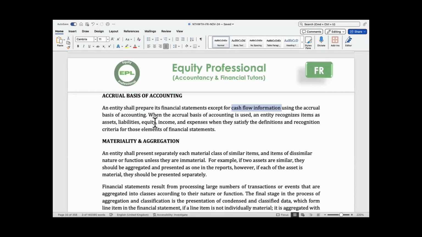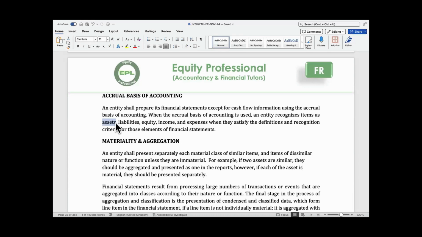That's accrual basis, because when you pick those definitions up, like for assets, it is a present economic resource of an entity that is controlled by the entity. Then you recognize it in your books as soon as you have a present economic resource and you have control. So nobody is making mention of money or cash flow.